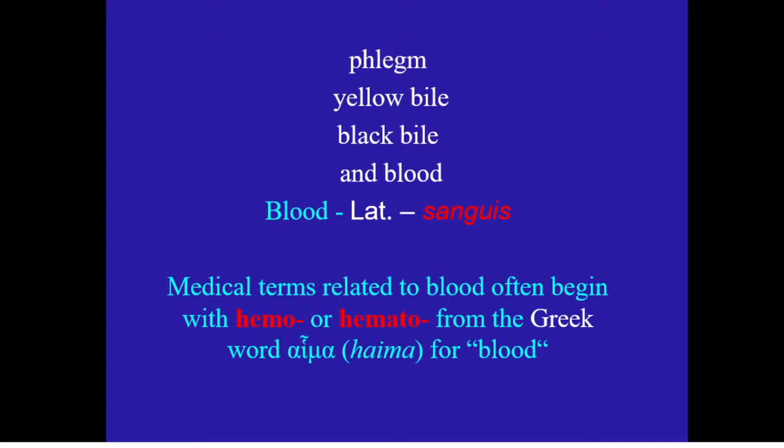But medical terms related to blood, pay attention, often begin with the prefix hemato, from the Greek word haima, which means blood. So hematology is the science about blood. Hematotransfusion is a transfusion of blood. Mainly, we use these terms.